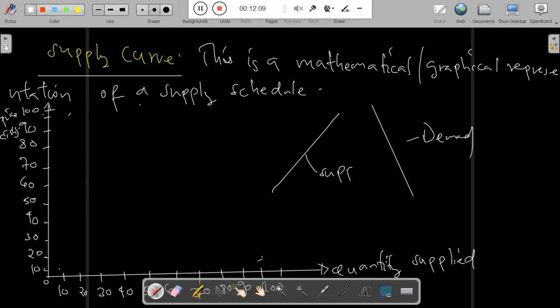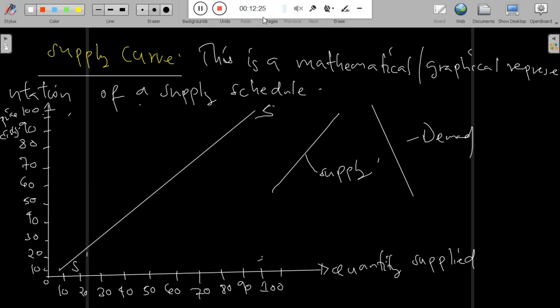So actually, the supply curve slopes from left to right, as you can observe, while the demand curve slopes downward, but this one slopes upward. So there is a positive relationship between the price and the quantity that is supplied.